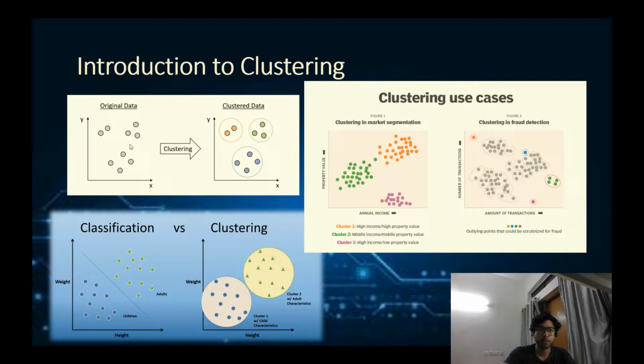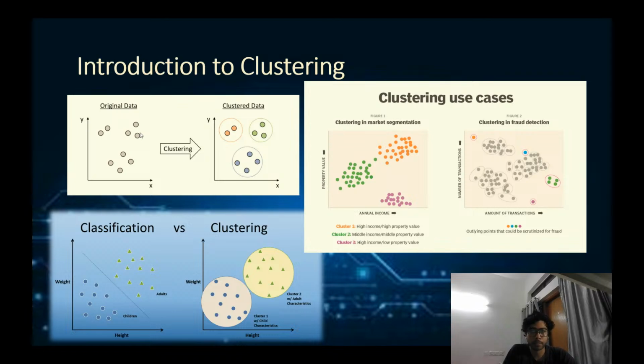So you can make three groups in this case. You can also make two groups, like this could be one group and this could be another group. Now, how many groups to make and what is the optimal number of groups, we'll discuss in detail in the upcoming slides.